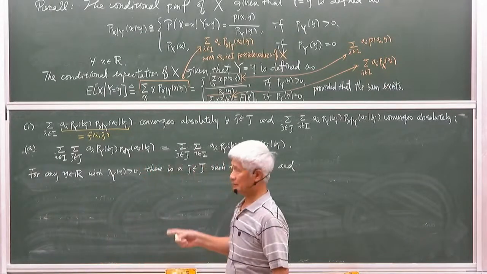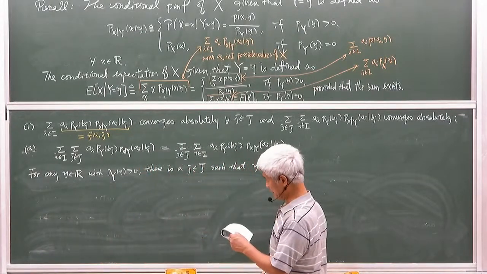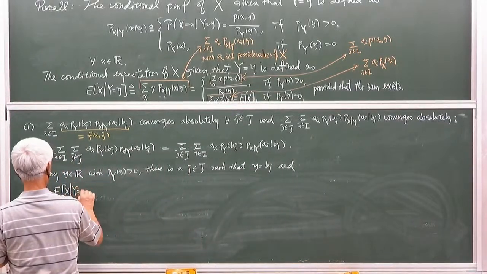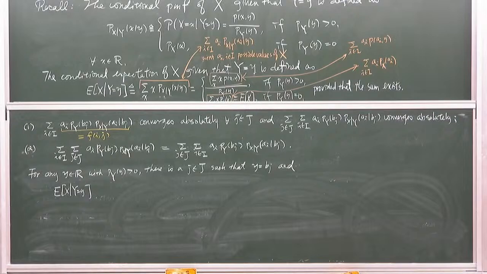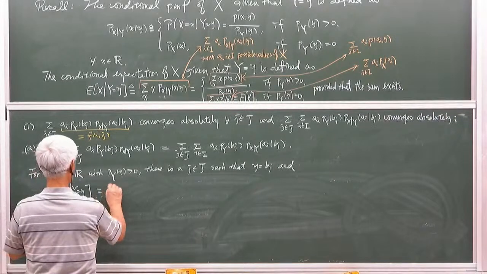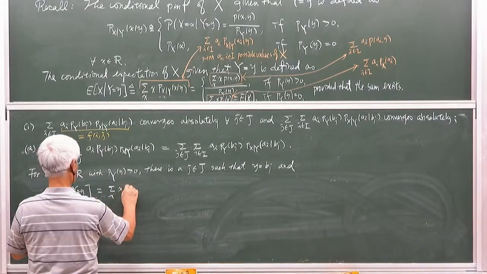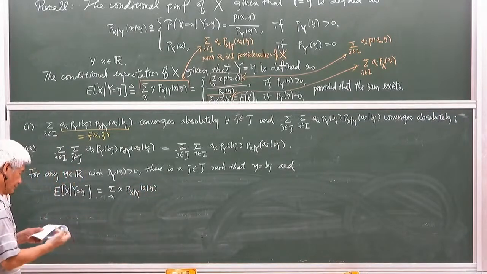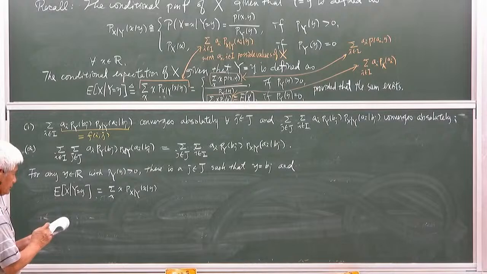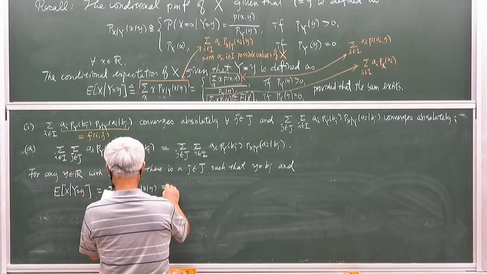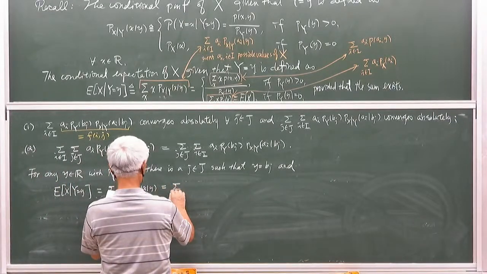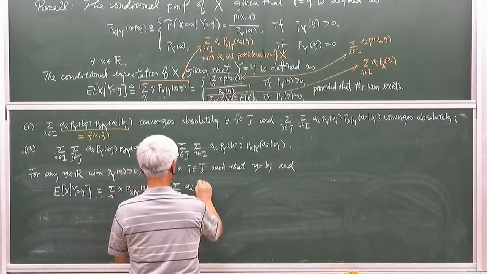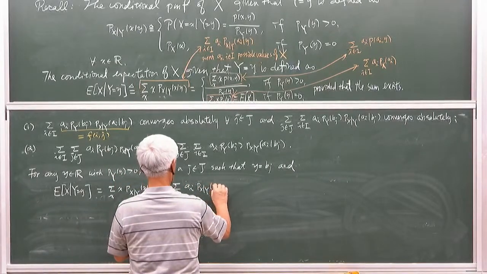And so the expectation of X given Y equals y is equal to the sum over i of a_i P(a_i given b_j).